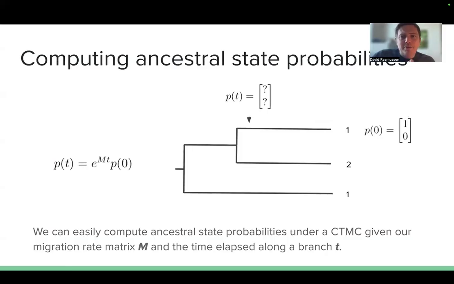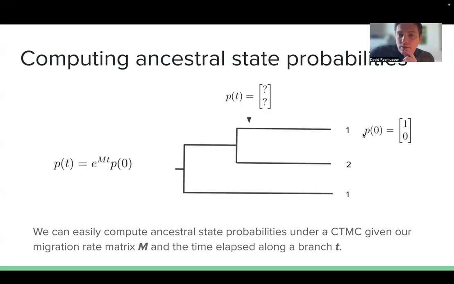These models have some nice mathematical properties, as we already saw when we thought about Markov models of sequence evolution. The thing that makes them really nice is that given the location of lineages at the tips of the tree, which we can actually observe, computing the probability of a lineage being in any state at any given time in the past is relatively easy.